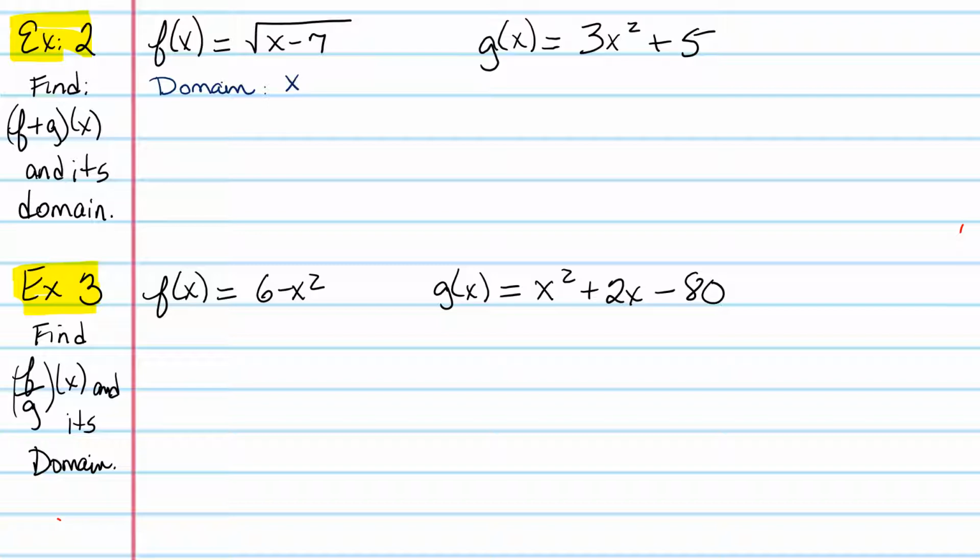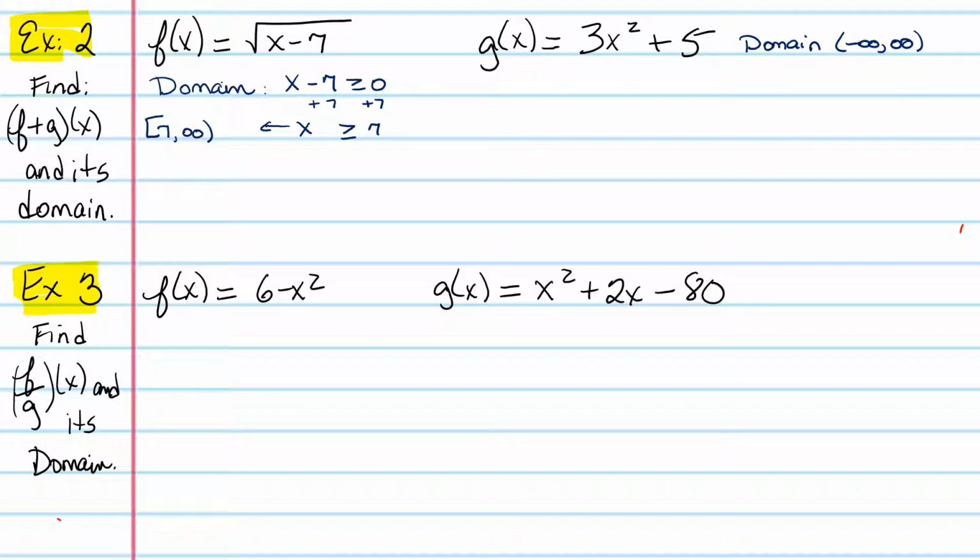So because it's a radical, we do x minus 7 is greater than or equal to 0, and add 7 to both sides, and we get x is greater than or equal to 7, and that's our domain. That's 7 to positive infinity, and that's for the f function. G, the domain for g, is the default because there are no restrictions on an x squared function. So the domain for g is just negative infinity to positive infinity, it's no issues.